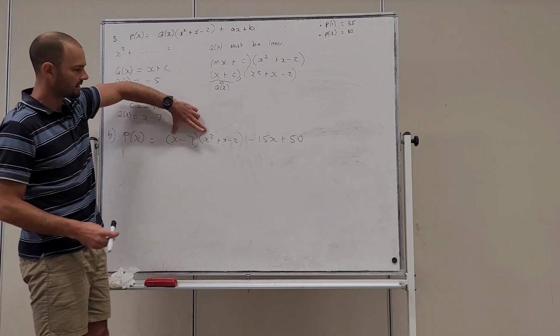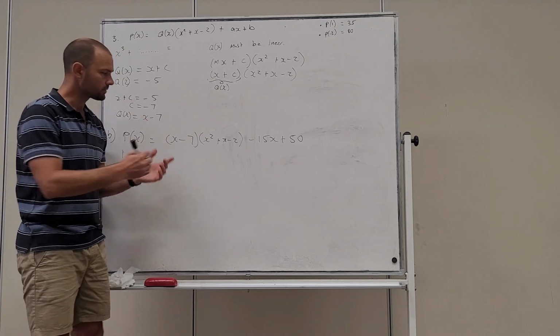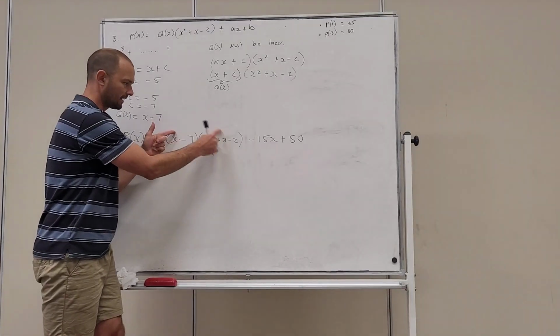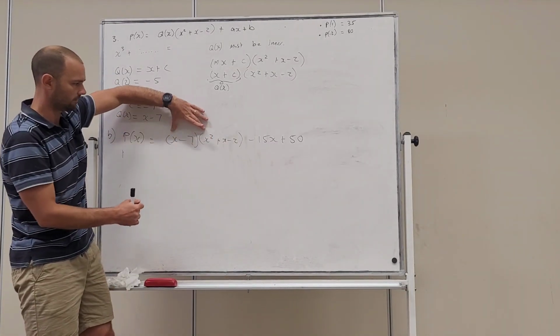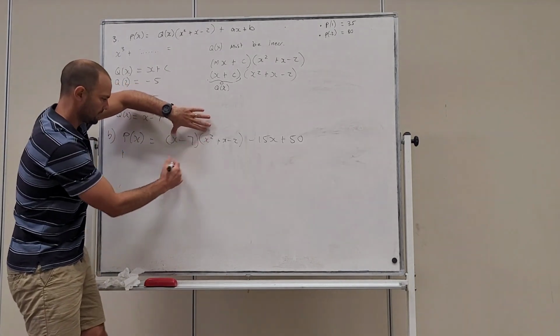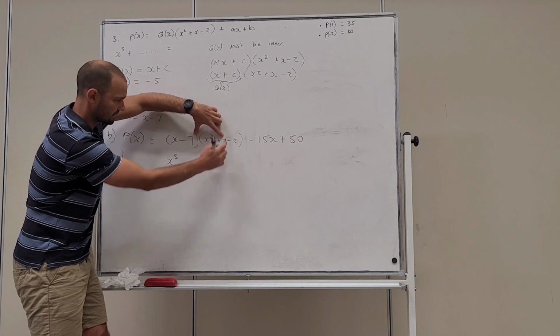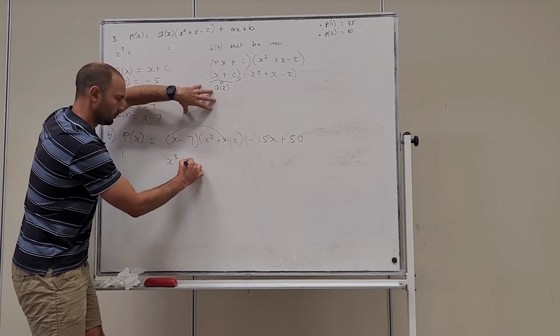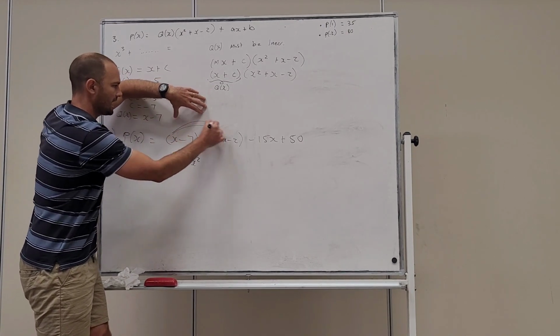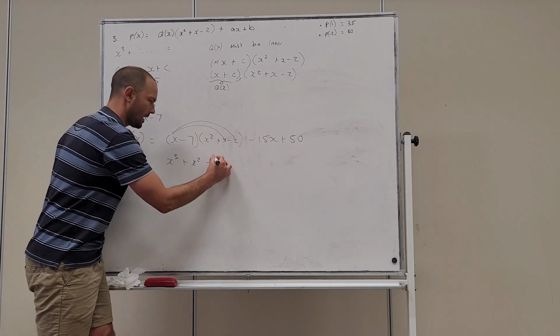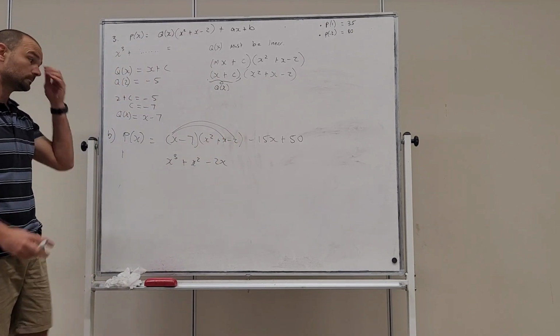So I'm going to perform this expansion first, and I'm going to recap for us. When we expand this, we want to stagger them so that we can collect the like terms vertically. So x times x squared, x to the 3, x times x will give me positive x squared, and then x times minus 2 will give me minus 2 lots of x.